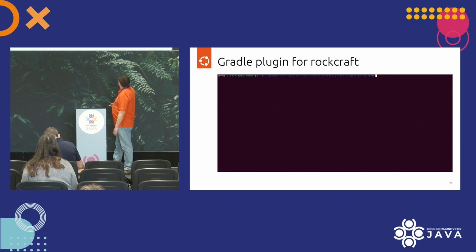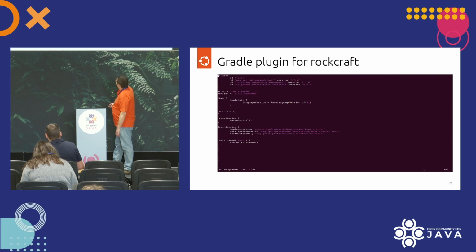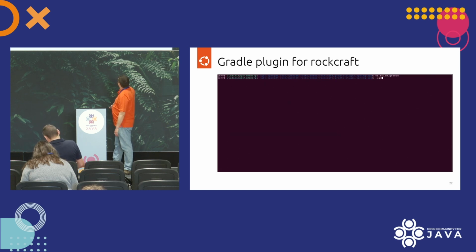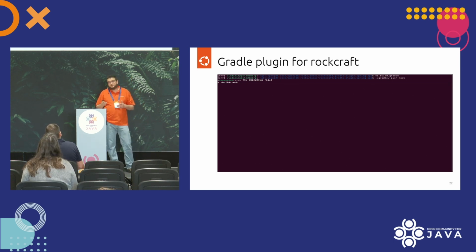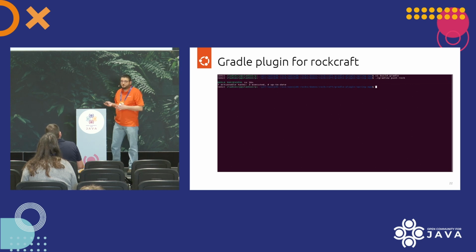And here is a small sample of that. I think it's again Spring Pet Clinic, and the only thing that I have done is apply the plugin. And the plugin provides the following tasks. Create rock will create the rockcraft YAML file, build rock builds the rock image file on the disk, and push rock pushes it to the local Docker daemon.